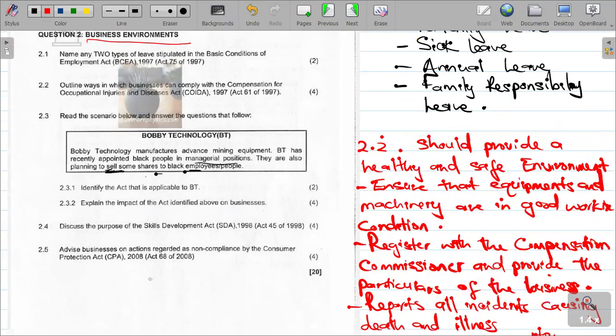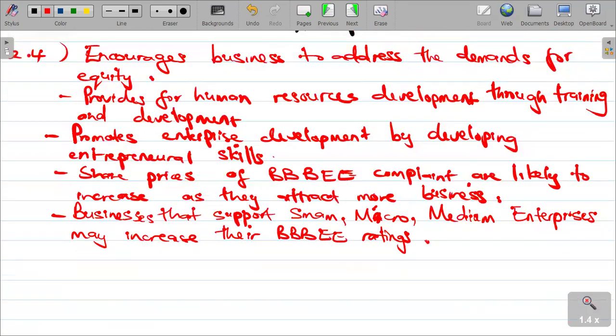Okay, let's move on to question 2.4. Discuss the purpose of the Skills Development Act 1998, Act 45 of 1998. Right.